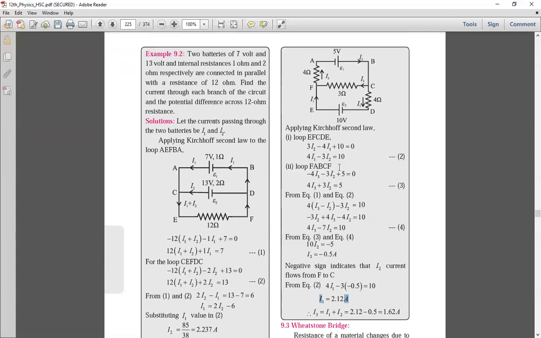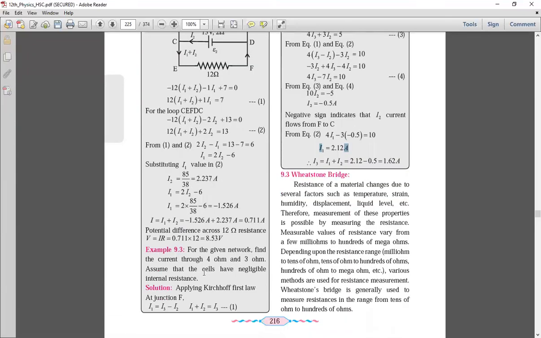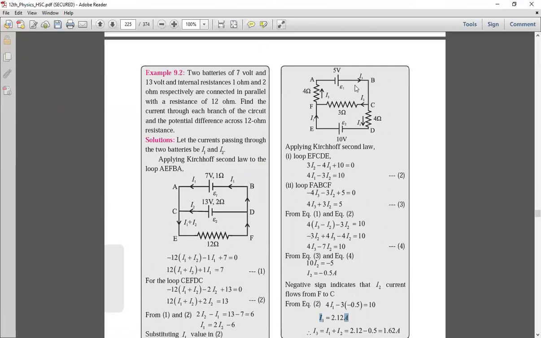So this is the same problem. You have to find the currents through 4 ohm and 3 ohm, that is, I1 and I3. But whenever there are three variables, you have to find all three variables. So just apply Kirchhoff's voltage law, Kirchhoff's second law, to these two loops.